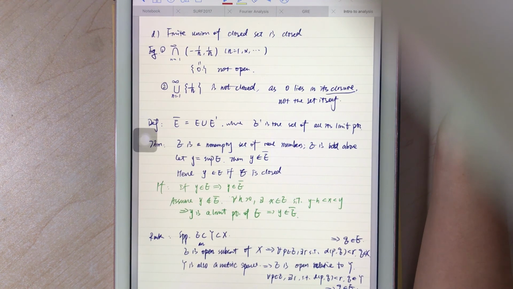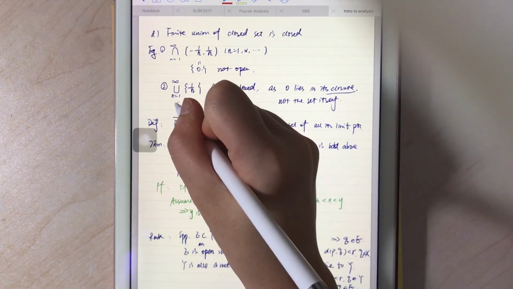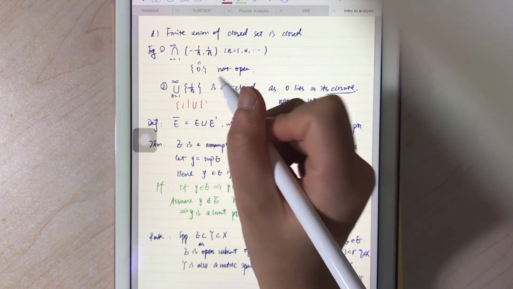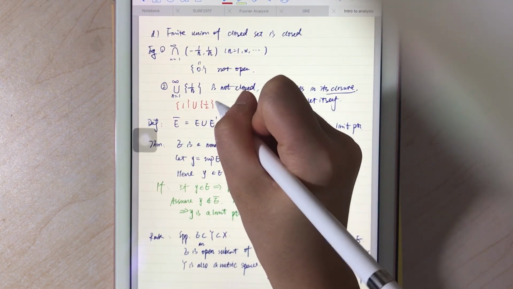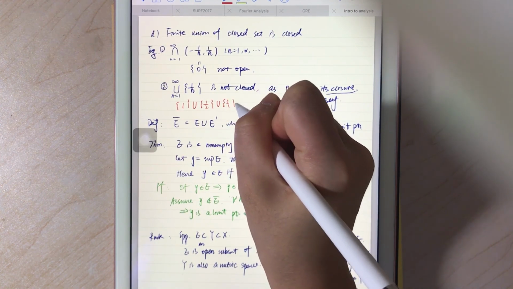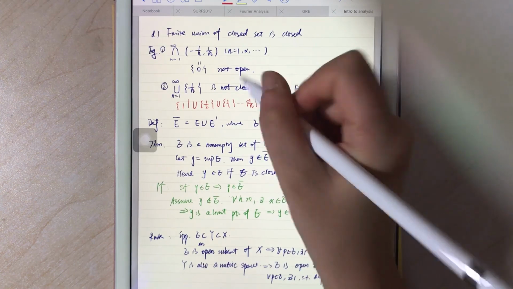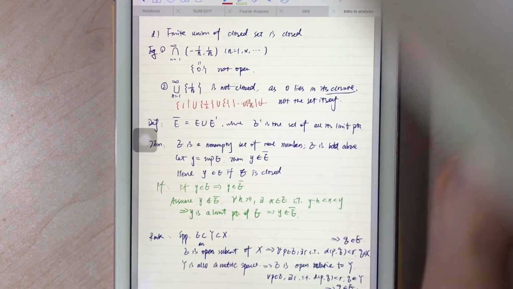The second one is a counterexample to D. If we are given an infinite union of closed sets, like the union of {1/n}, so it's like the union of {1}, {1/2}, {1/3}, and so on, {1/n}, and so on.